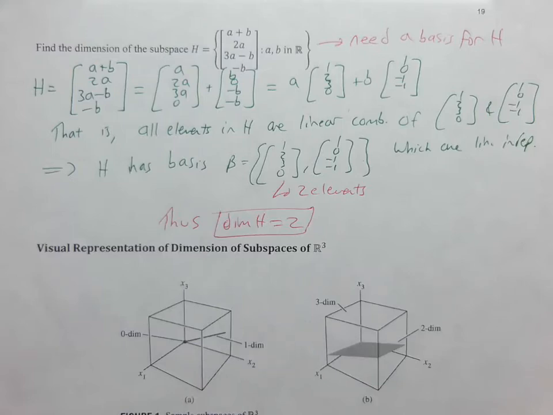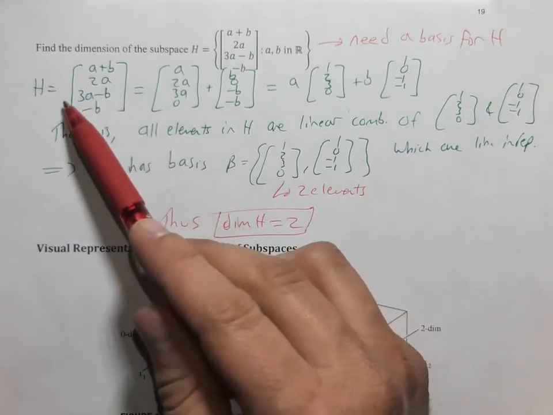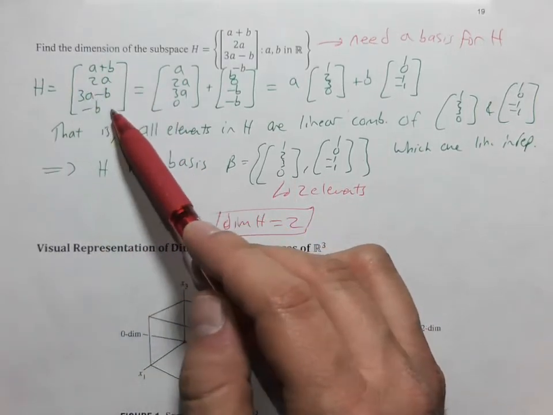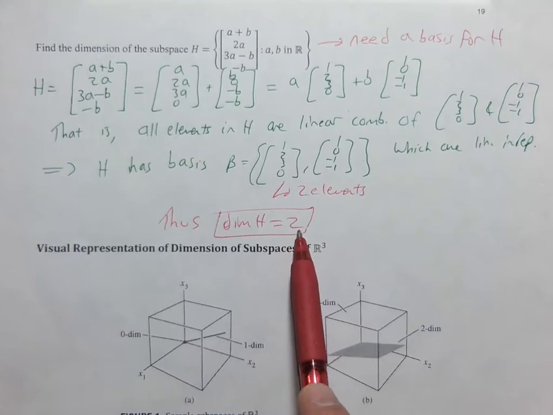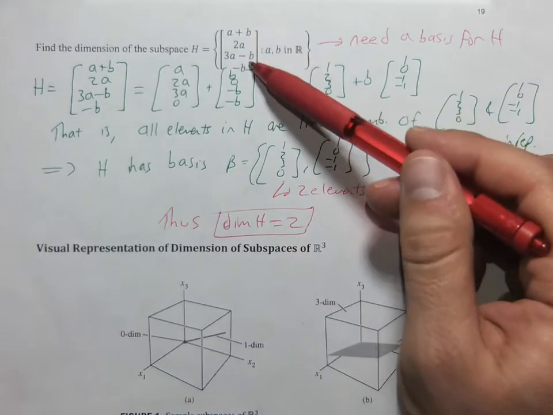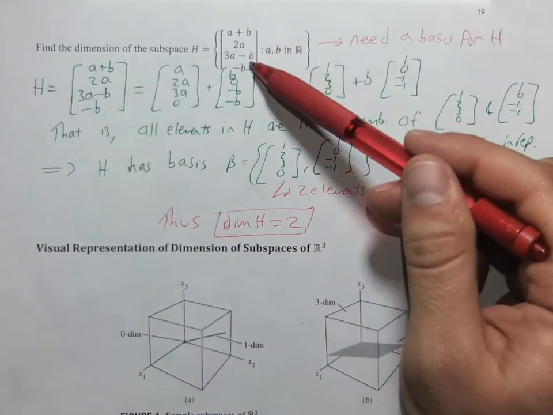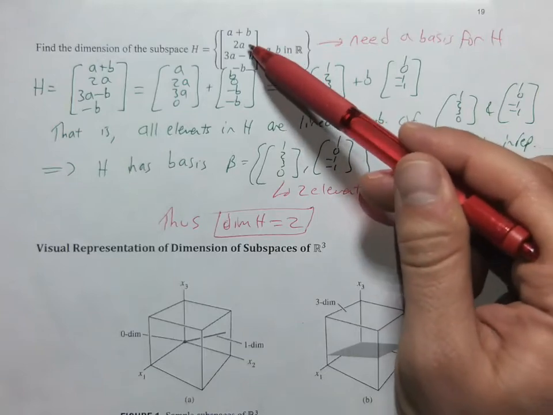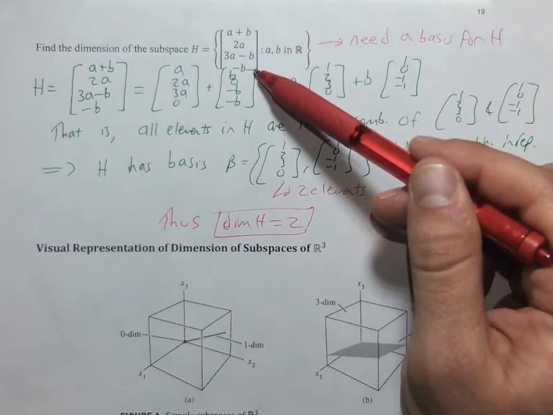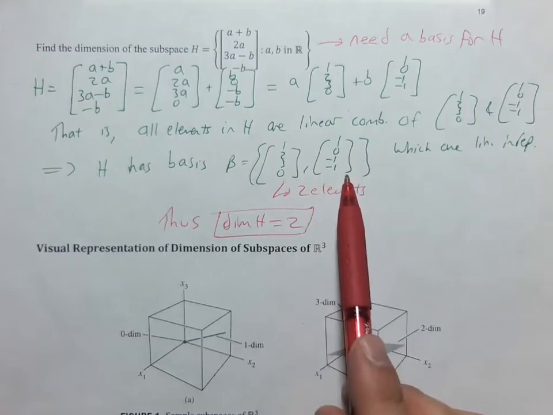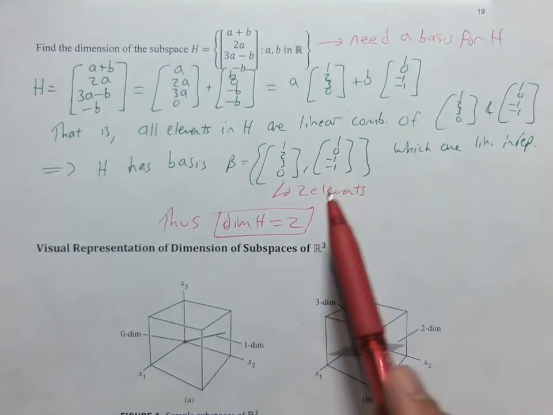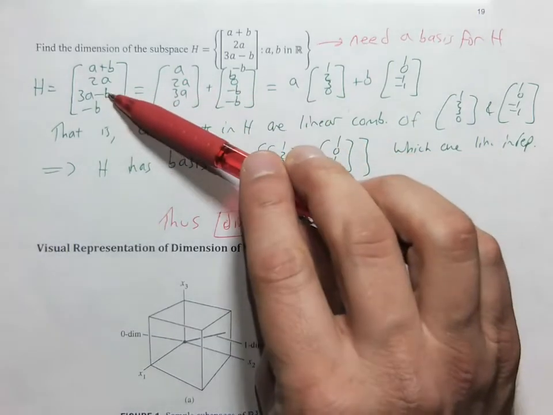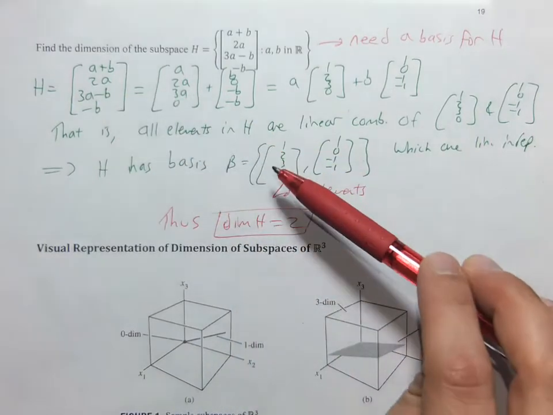Practically speaking, what that means is the space defined by this vector is a 2-dimensional subspace of R4. We're in R4 because these vectors have 4 entries, but there are only two vectors in the basis. So whatever space H makes, it's 2-dimensional.